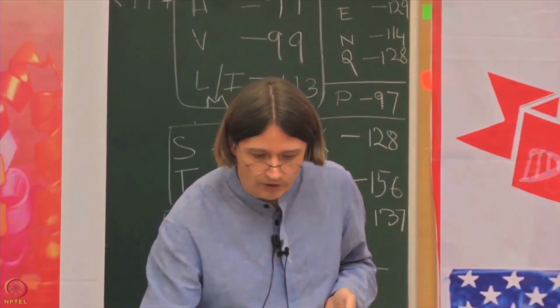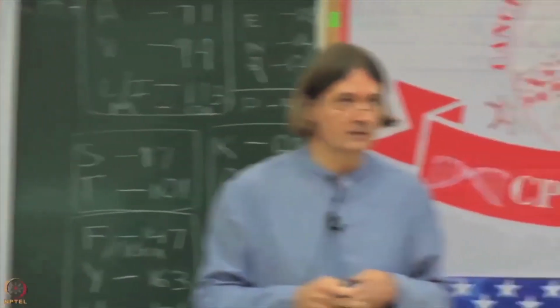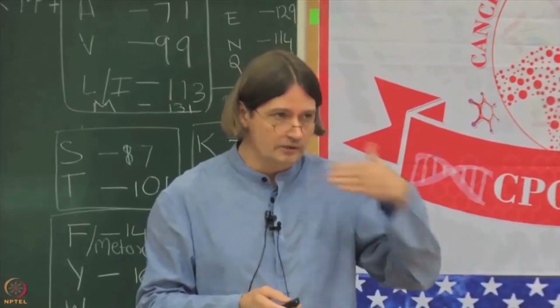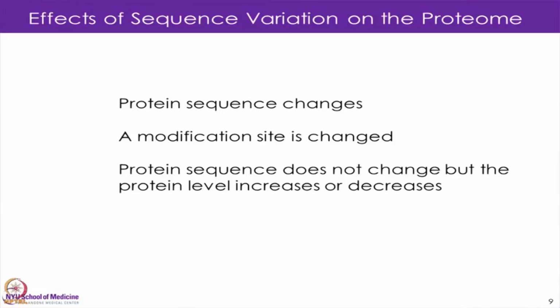So what are the effects that we see from these genomic changes? The protein sequence can change, as we looked at in these 2 examples. We can also have the modification site changing.